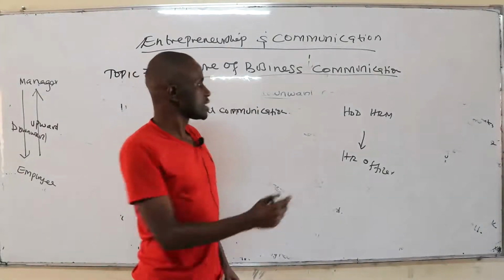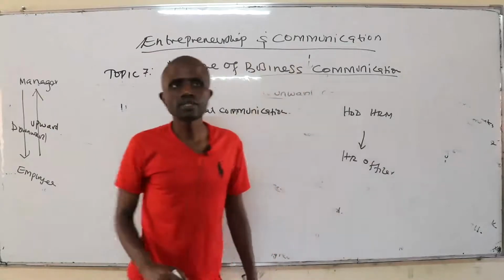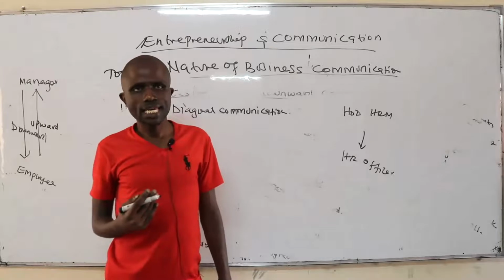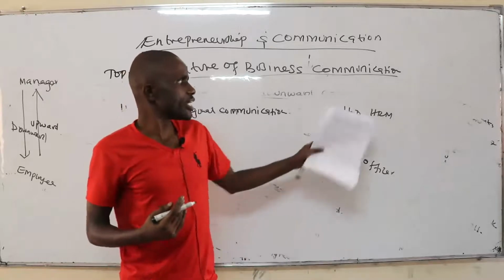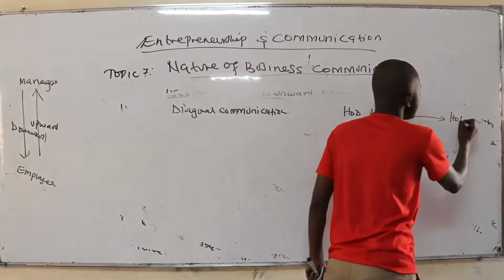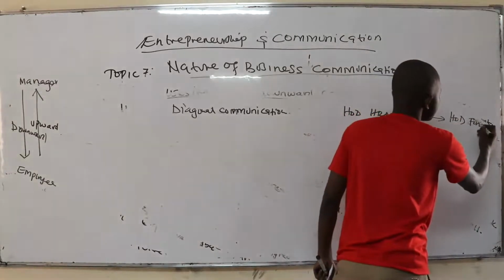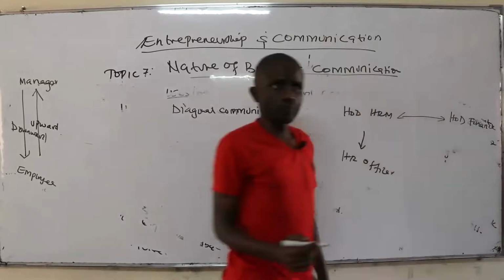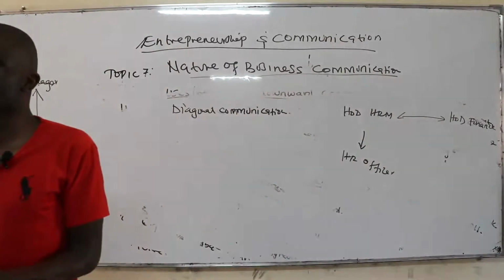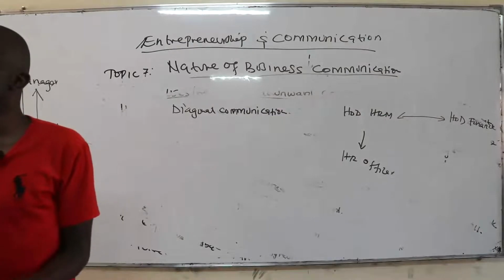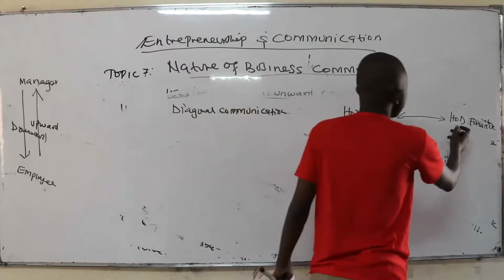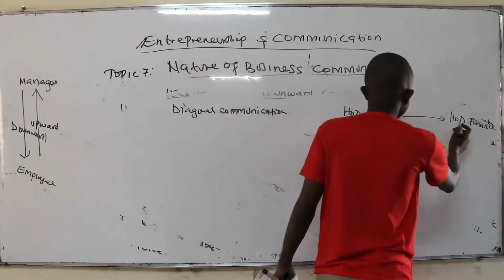Then we've also said the HR officer can also communicate to the HOD, human resource, which is upward communication. We've also said the HOD can also communicate with the HOD finance. That is horizontal communication. What if the HOD finance was to communicate to the HR officer?